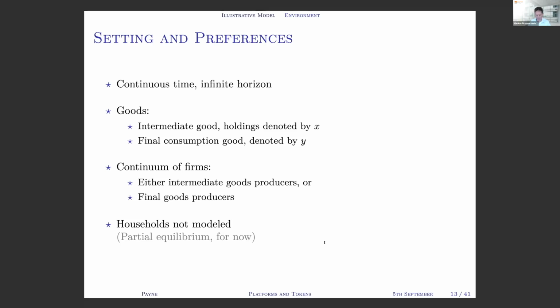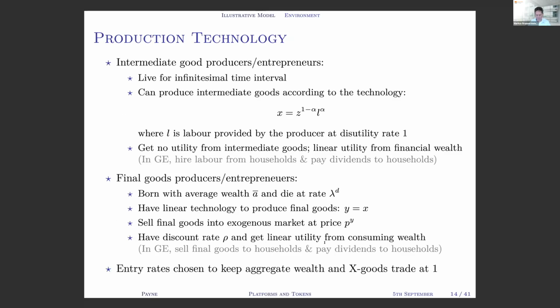Okay. So what is this production technology then? Well, these intermediate goods producers, or entrepreneurs in this setup, live for infinitesimal time intervals, so they're short-lived producers. In the instant, they can produce intermediate goods according to a decreasing returns to scale technology in labor. And here they provide their own labor at some disutility rate 1.